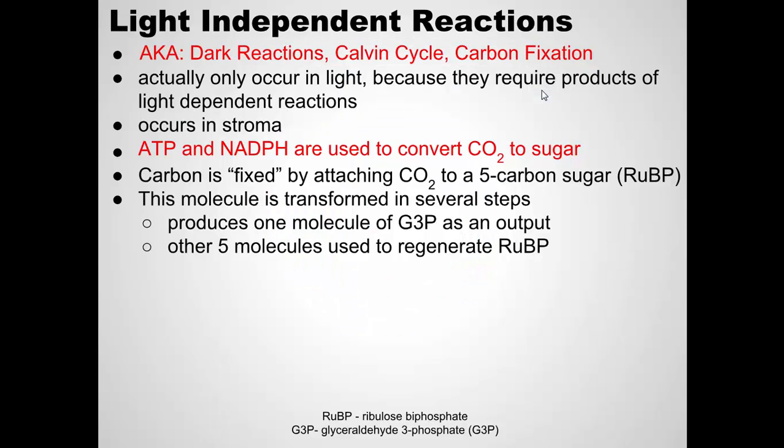So this is the light-independent reaction. Carbon is fixed by attaching carbon dioxide to this RuBP molecule, a 5-carbon sugar, which gets transformed, eventually forming this G3P.